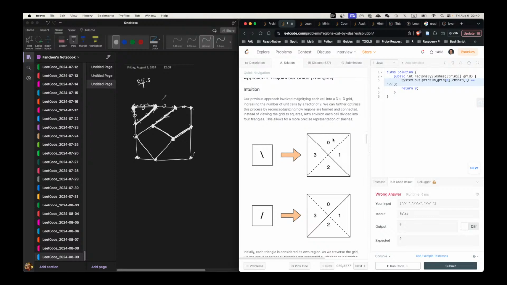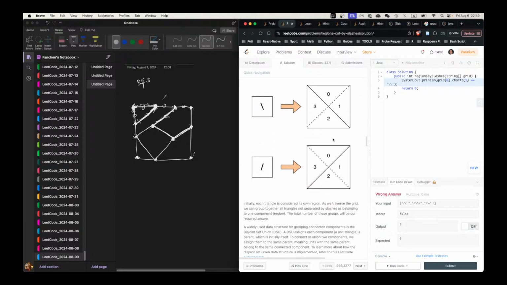We're joining these together. Each triangle is considered its own region. As we traverse the grid, we can group together all triangles not separated by slashes as belonging to one component.